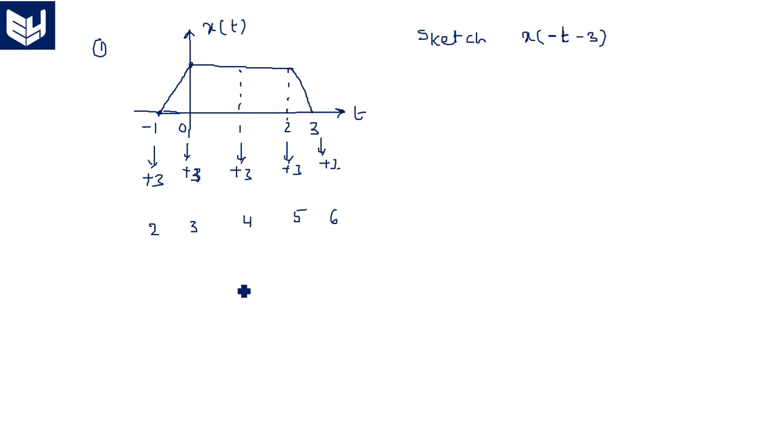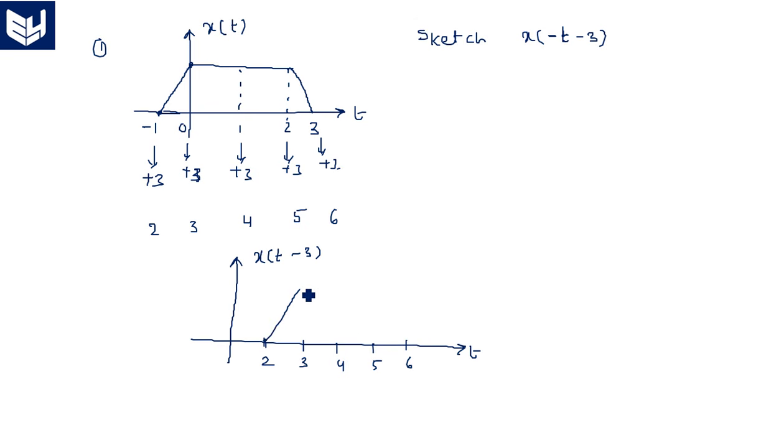Now with these time instants, let us redraw the signal for x of t minus 3. So this is t, this is x of t, now it is t minus 3. The instants are 2, 3, 4, 5, and 6.